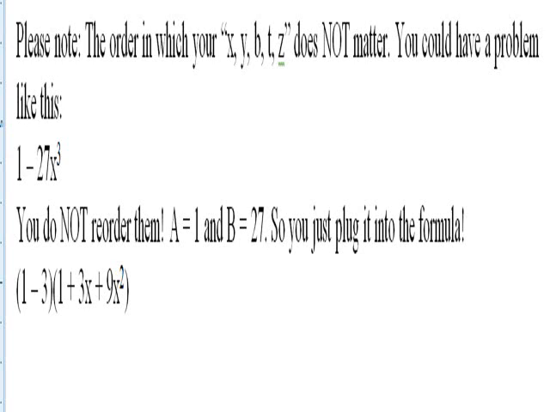You could have a problem like 1 minus 27x cubed. You don't want to reorder them at all. Your a is 1 and your b is the cube root of 27, which is 3. So you just plug all these numbers into your formula.